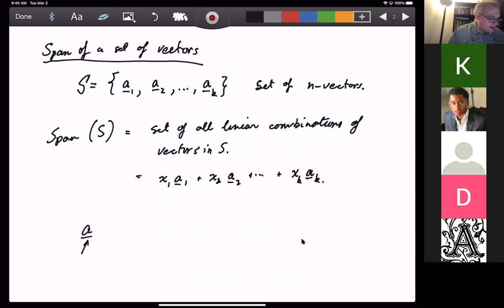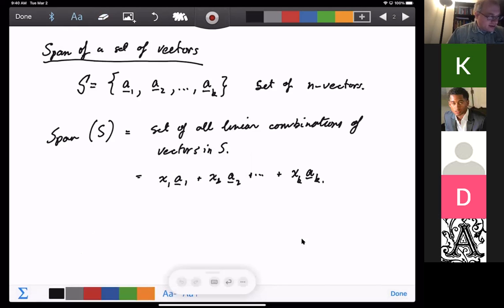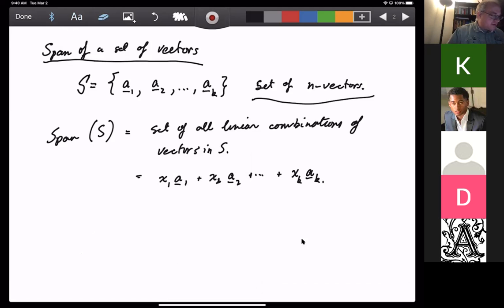Sometimes I use an arrow on top, sometimes an underline, but right here, it's a set of vectors. So we use double underline to tell us we're talking about a matrix. One underline, we're talking about a vector.